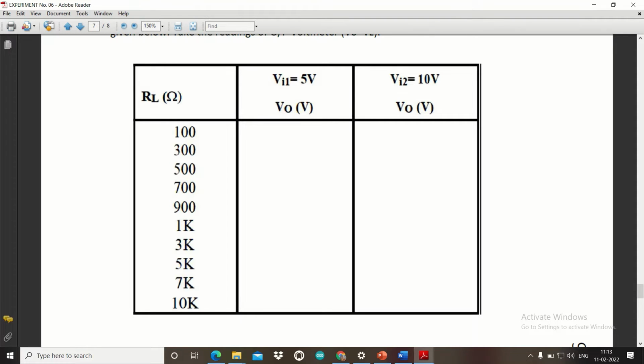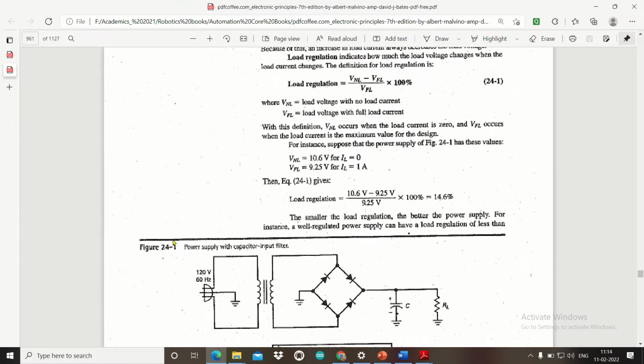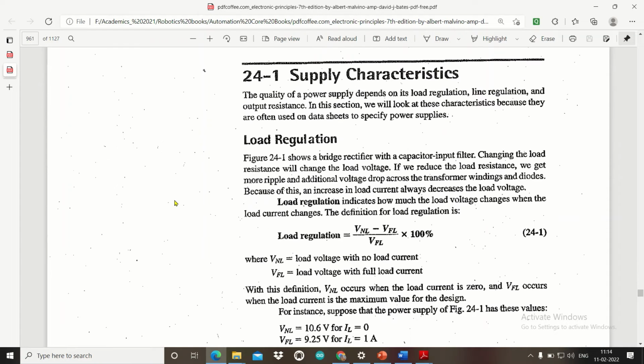Now remember that you have to take two different calculations. One is the load regulation of the voltage regulator, and the other is the line regulation of the voltage regulator. This is the Malvino and Bates book that I have given to you.